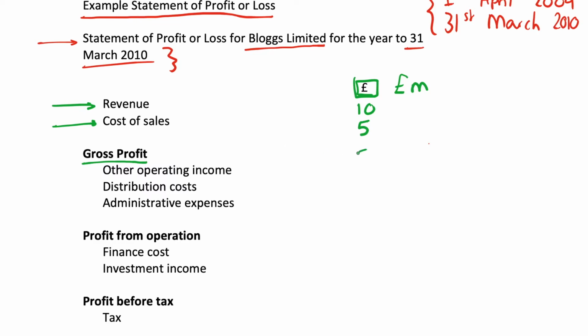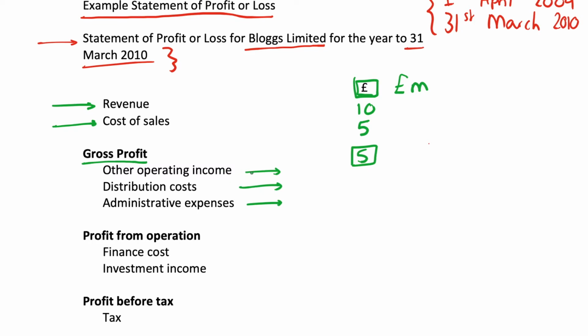So here we'll have a gross profit of 5 million for the time being, and I'm going to stop doing these totals because it takes up a little bit of time, and because I'm just going to plug in loads of random numbers. So after we've got our gross profit, we have loads of other costs that we have to take away. These aren't cost of sales, but we have operating income, distribution costs, and administrative expenses. We may, in different statements of profit or loss, see different things here, but they tend to refer to the same stuff.